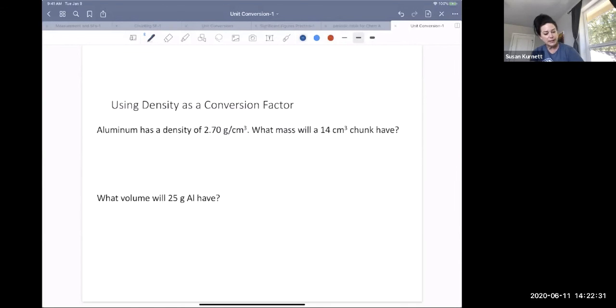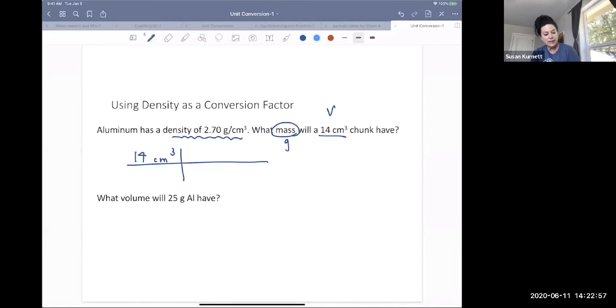So here we have information about a density. The question gives us a number plus units, that's the starting place, and asks for a mass. What kind of units are mass units? Grams. So we're headed to grams. So I want to go from centimeters cubed to grams.